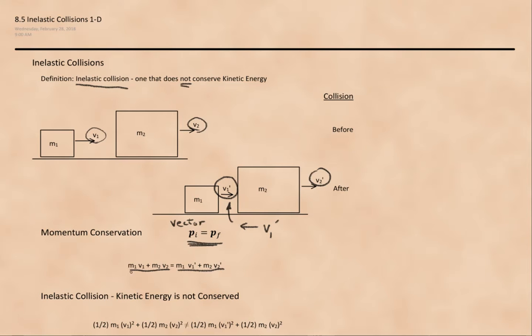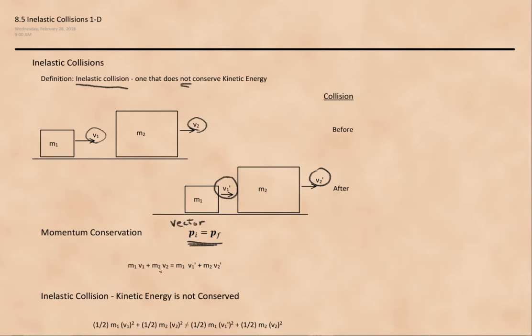While it's still true that the initial momentum before the collision equals the final momentum after the collision, if v1 prime is pointing to the left after the collision, then v1 prime will have to be a negative number. That's in the previous video and in the previous document. All right, so let's get back to this topic.